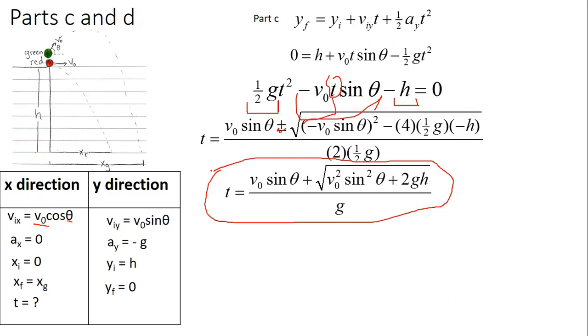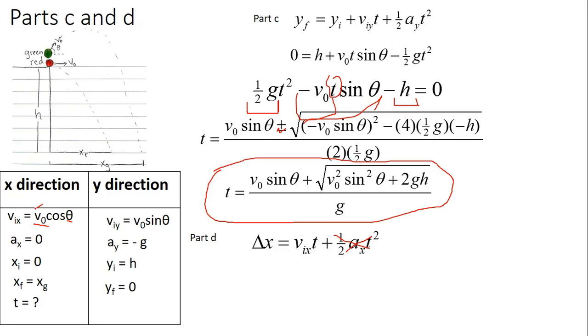Now for part D, I want to find an expression for xg, or the horizontal displacement for the green ball. And I can clearly see that I can use the second kinematic equation in the x direction because I've gotten t from part C. So like we did previously, this term will just go away.